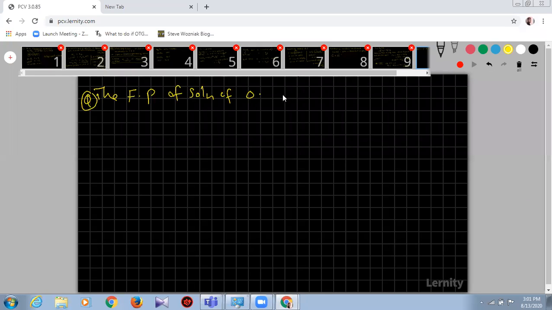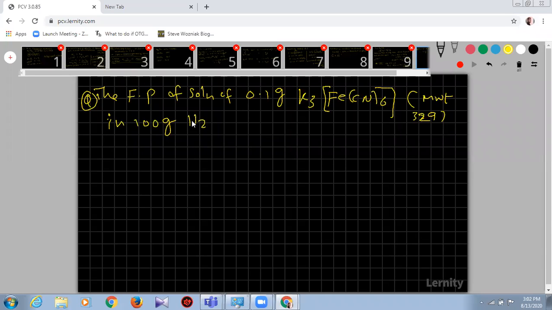And what is the data? Kf, 1.86 Kelvin kg per mole was given. He's asking the freezing point of the solution.